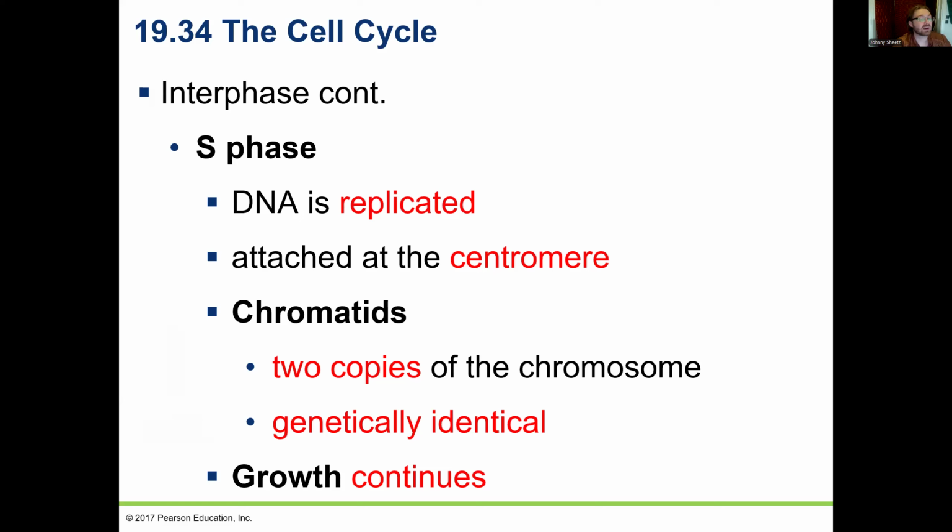When we have a double set of copies from the parent, we call these chromatids. They're not sister chromosomes because it's not like one from dad, one from mom, like in sexual reproduction. They are identical in every quality because one is just a replica of the other.